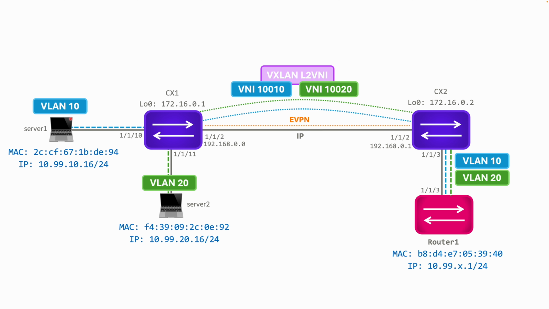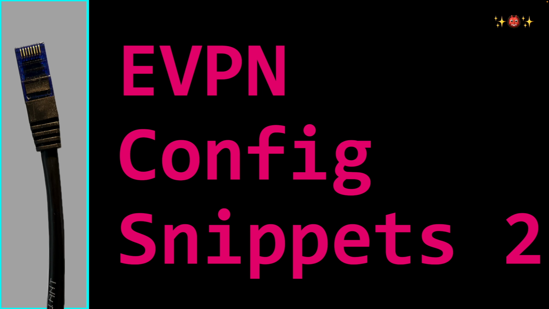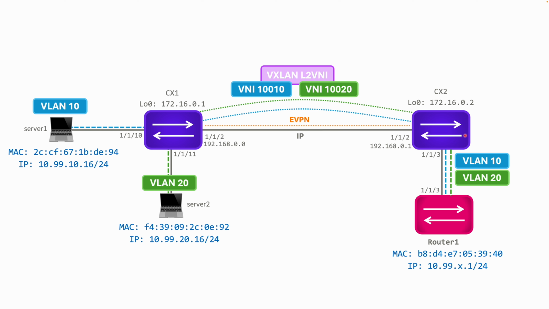So the ARP request, the broadcast traffic that goes from server 1 to CX1, gets forwarded from VLAN 10 onto VNI 10,010, goes over to CX2, which forwards that BUM traffic onto the other ports that are configured within that broadcast domain.